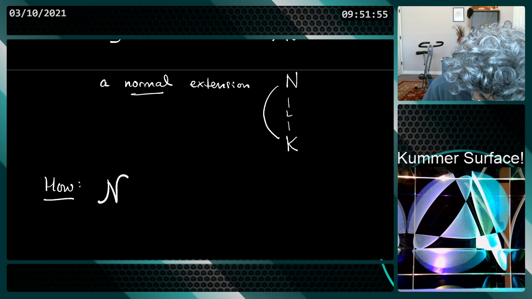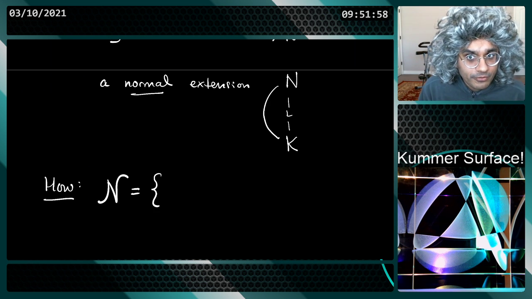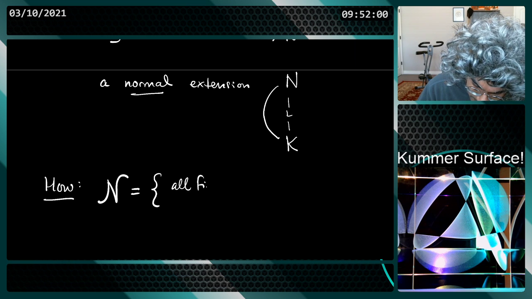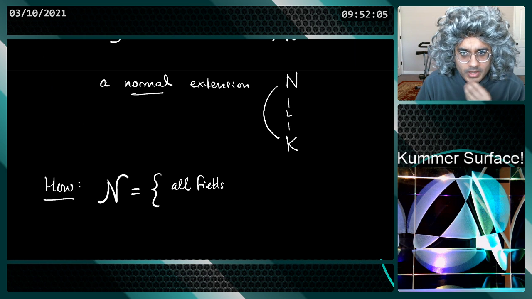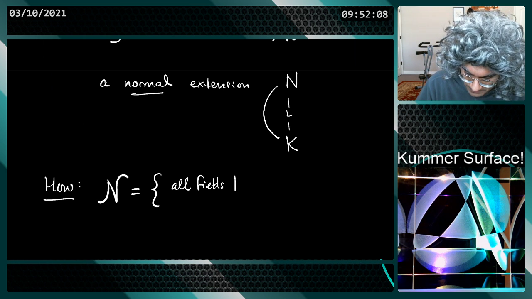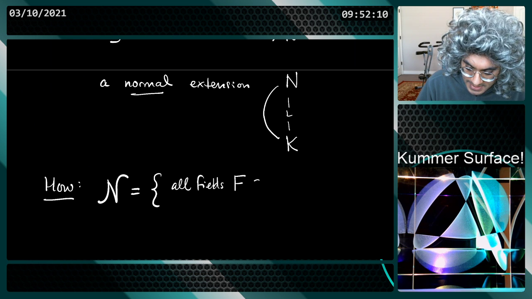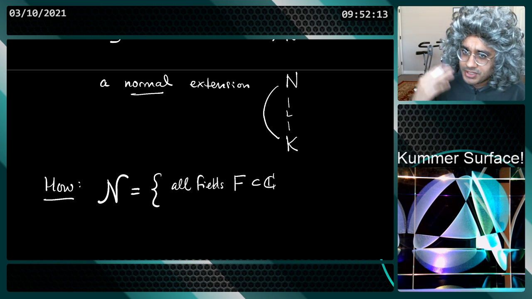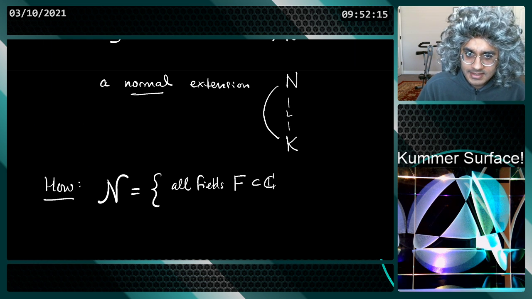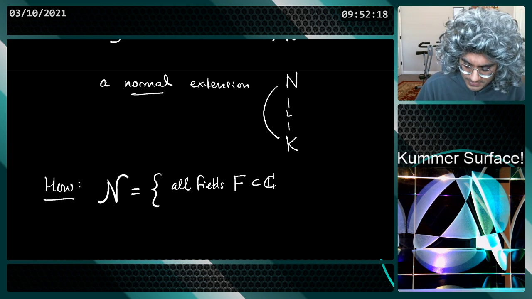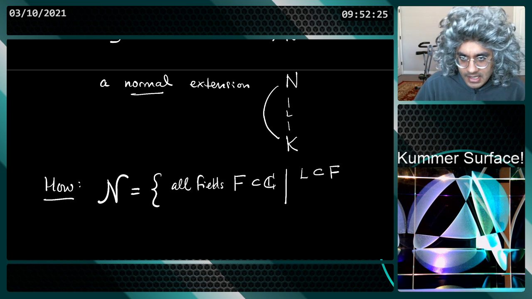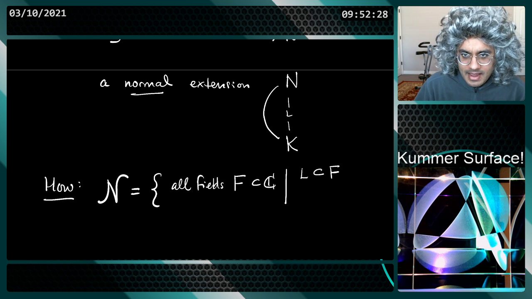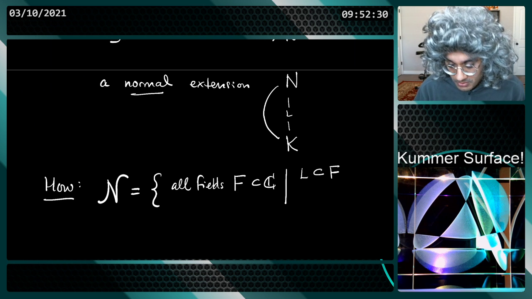You let script N, say, be the set of all fields, let's call them F, contained in C, that's our ambient home that we've just fixed in this first part of the class. All fields F such that F contains L, say, and F over K is normal.